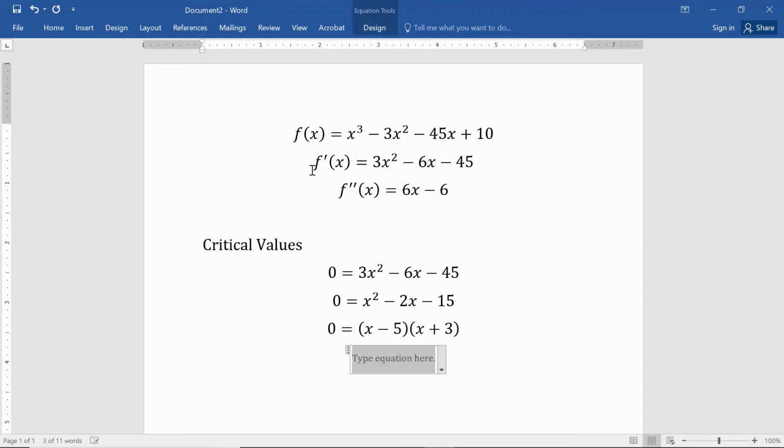And that gives me 2 critical values. The first critical value would be x equals 5. The second critical value would be x equals negative 3.